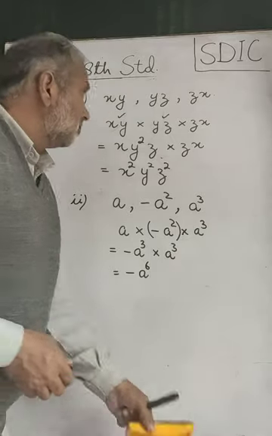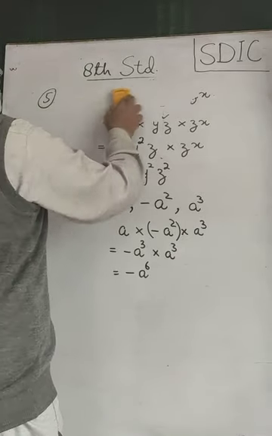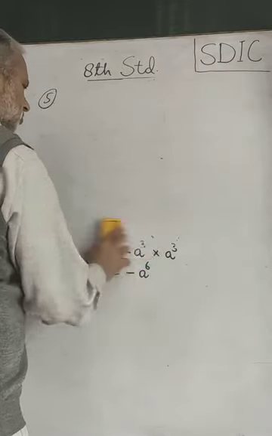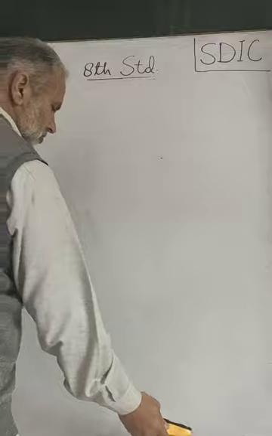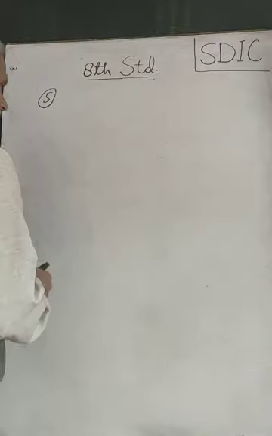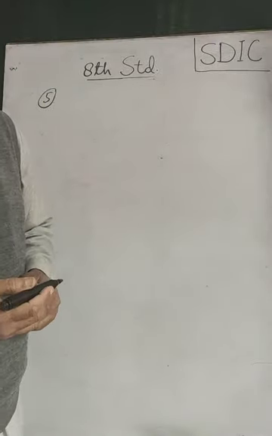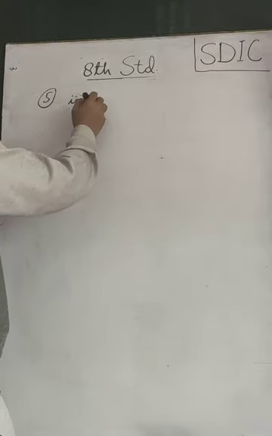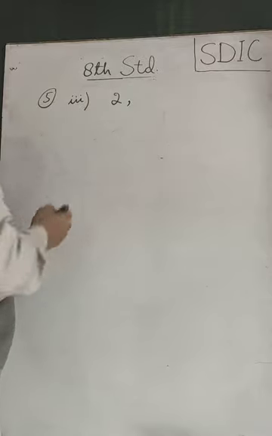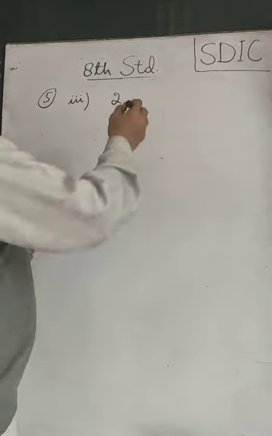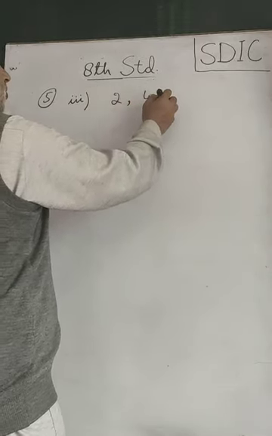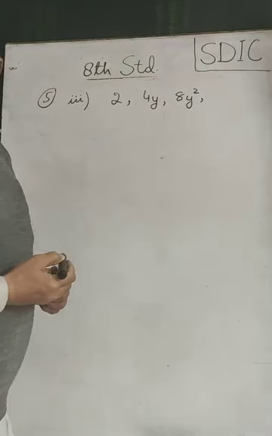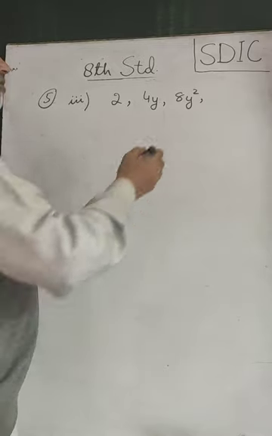Coming to third part. In the third part now you have 4 monomials. The first one is 2, followed by comma, 4y, 8y square, and the last one is 16y cube.